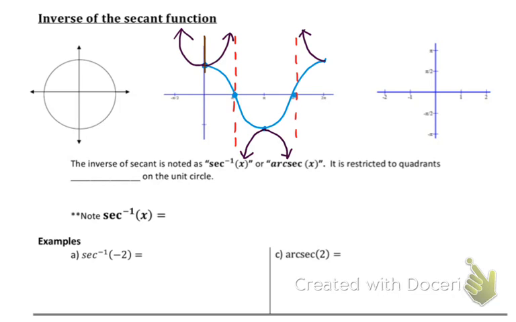We're going to start right at 0, cut that guy right through, all the way to pi, and we have those two little sections. So just like cosine inverse, our secant inverse will exist in quadrants 1 and 2. And 3 and 4 do not exist.